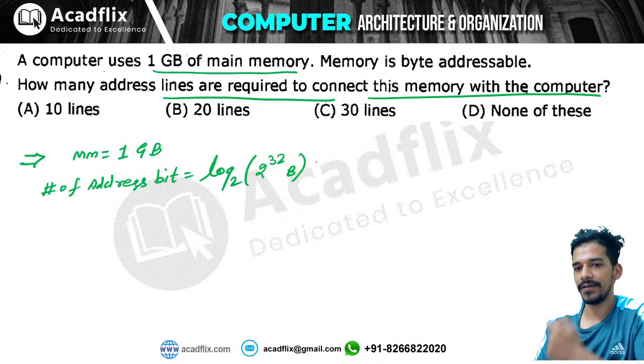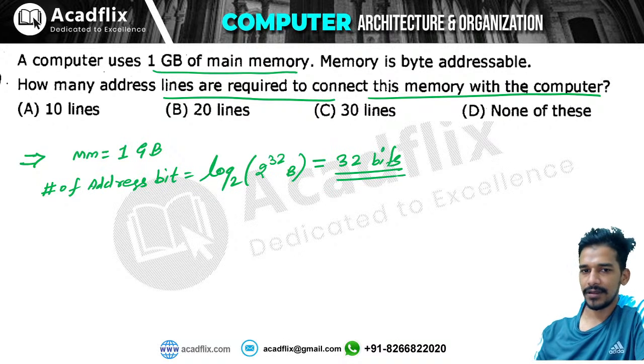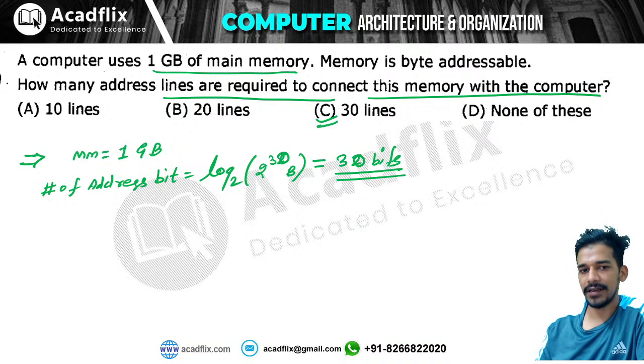So number of address bits will be 32. There will be 32 address lines. So this is 1 gigabyte, so 2 to the power 30.